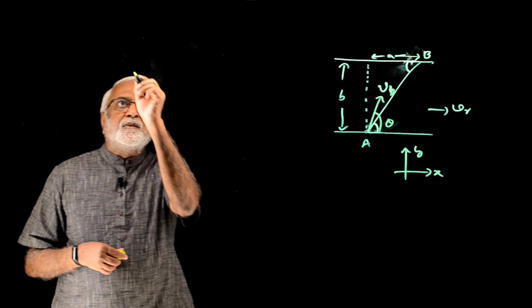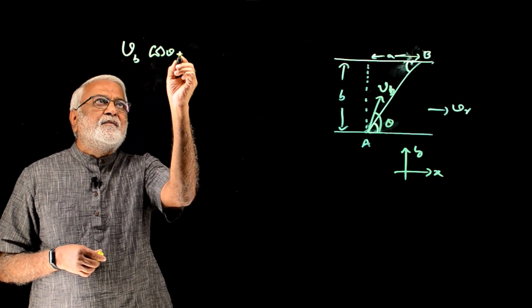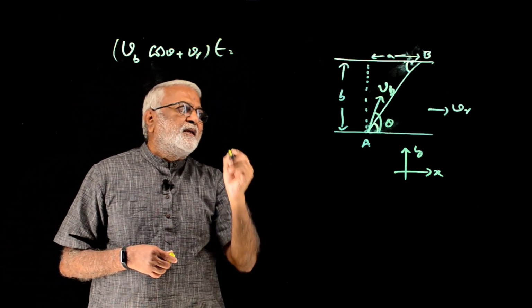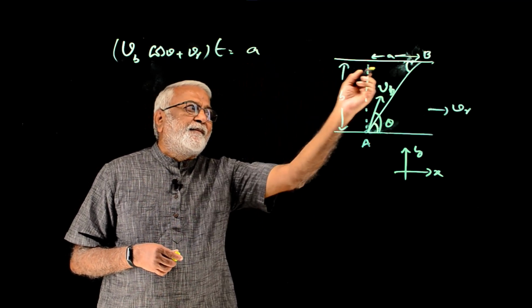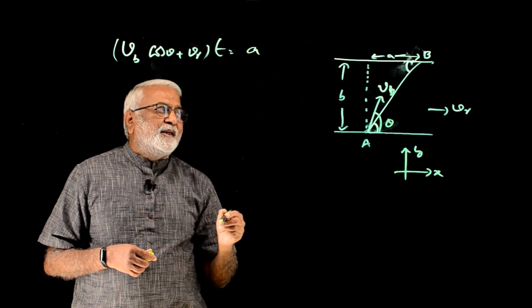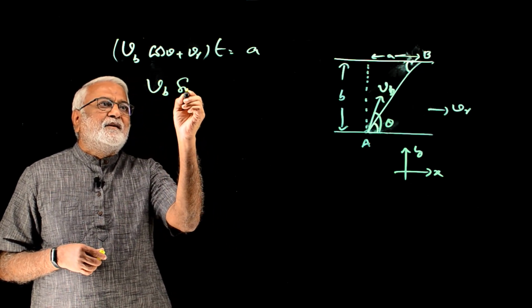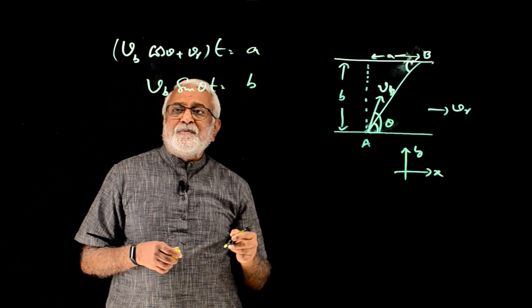So your x equation will be VB cos theta plus VR into T equals A. And VB sin theta into T equals B. A and B are given here.